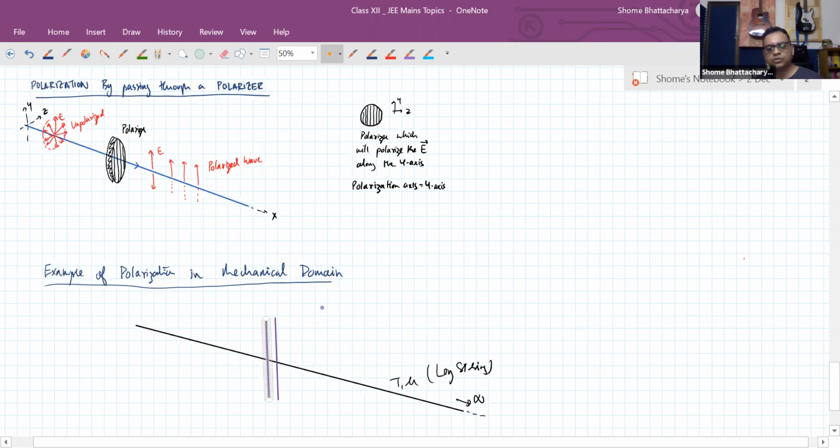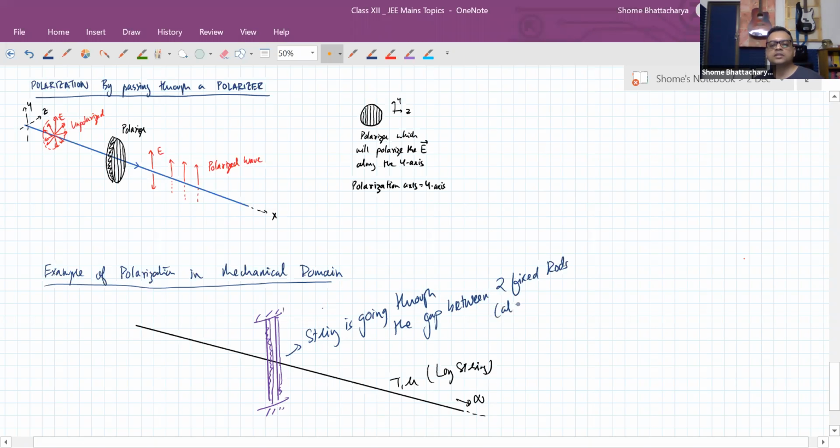They are very close to each other and they are fixed, like a grill. So the string is going through the gap between two fixed rods, along the y axis, let's say.